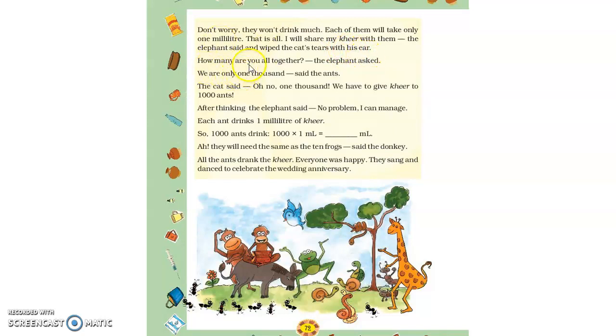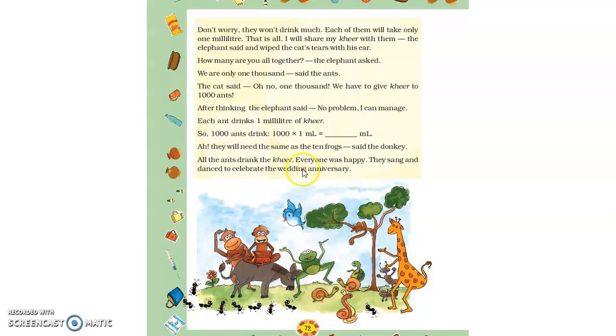How many are you all together? the elephant asked. We are only 1000 ants. The cat said, oh no, 1000? We have to give kheer to 1000 ants? After thinking, the elephant said, no problem, I can manage.